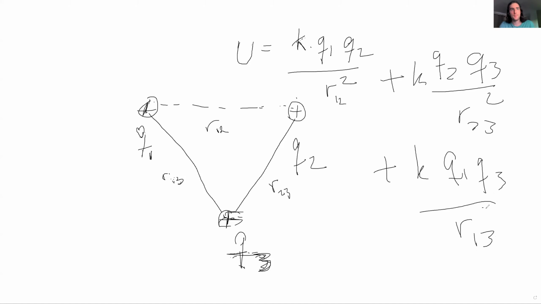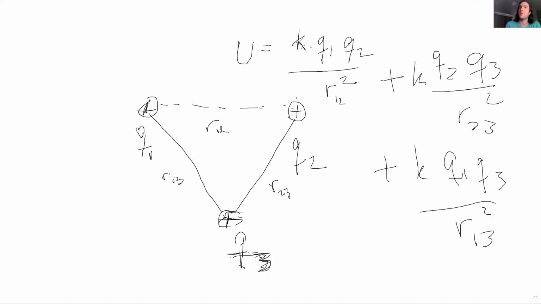It gets to the point where you can write down a double summation and calculate the potential energy for n charges. But that's not that useful. We just want to remember: one charge, no potential energy.